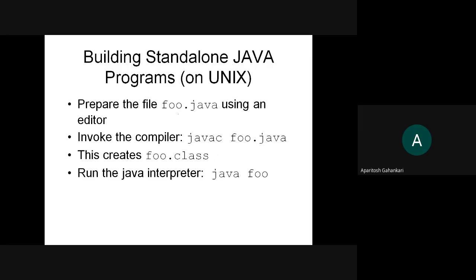So building a standalone Java program, you will be creating the Java file with .java extension. And then for compilation, it is a two-step process. That means you need to compile and you need to interpret. To compile, this is the command for compilation, javac and the name of the file .java.